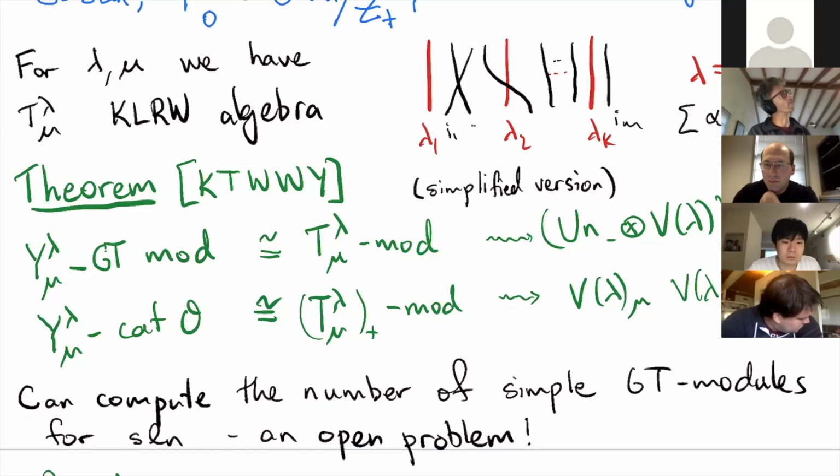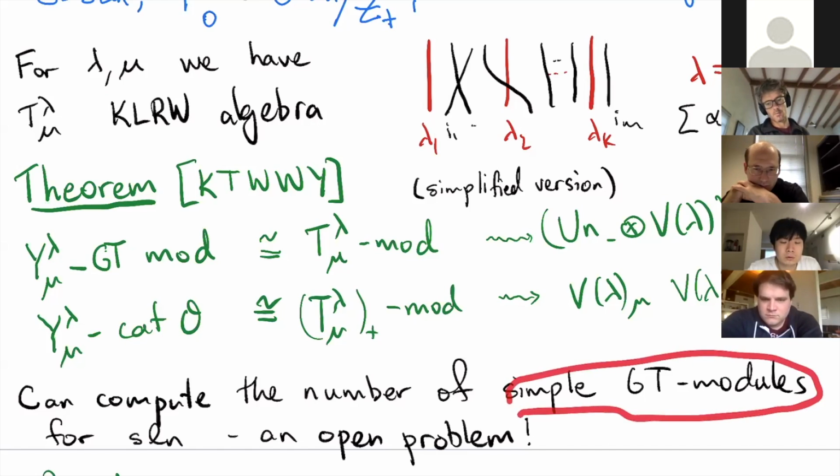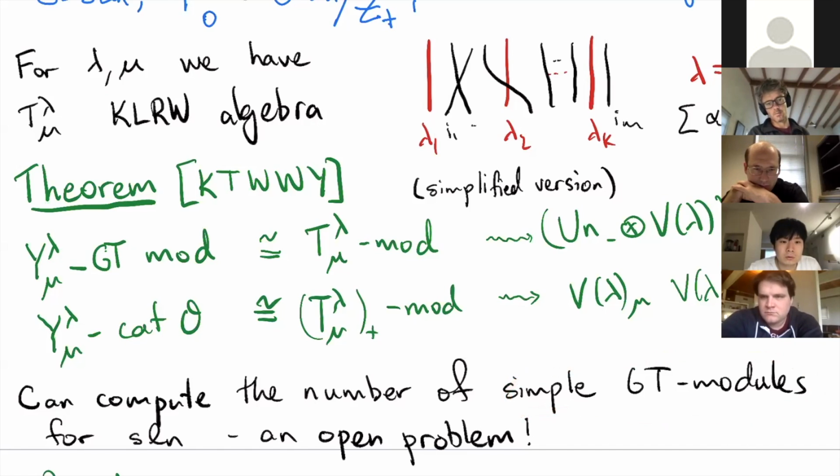I should mention, to say that this is a good theorem, that as a corollary of this, you can compute the number of simple Gelfand-Tsetlin modules, because we can study just the size of the Grothendieck group of this category.